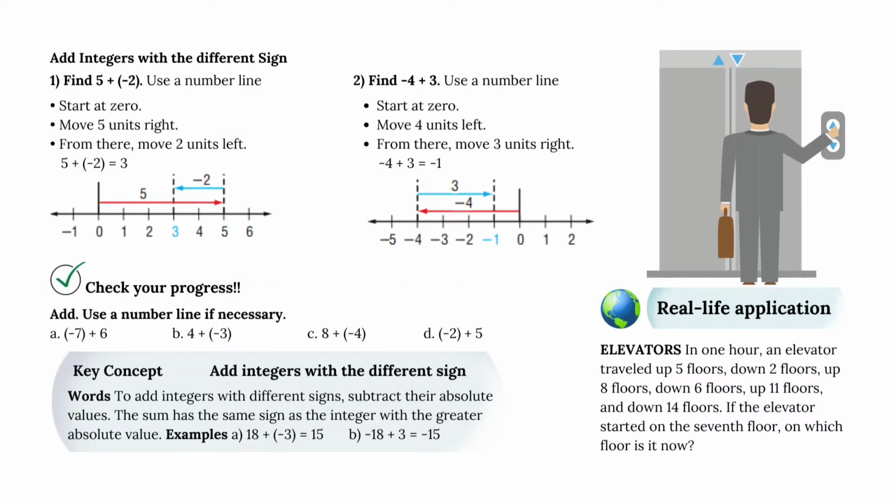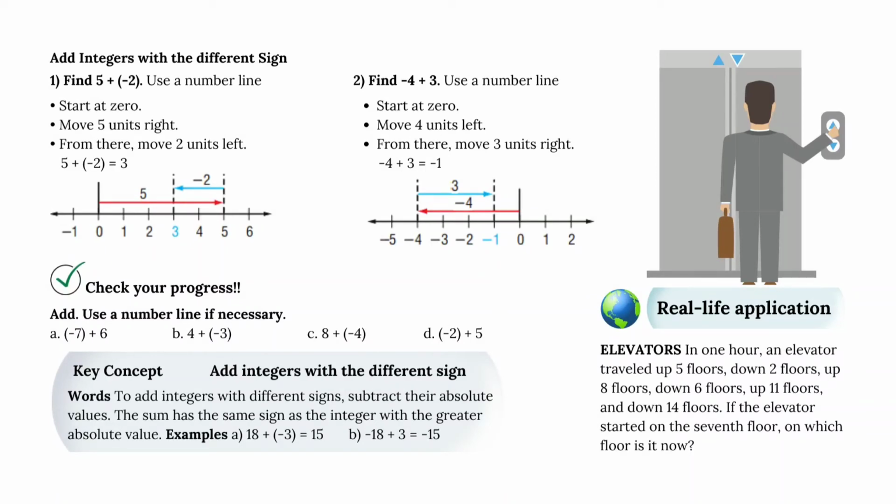From the above examples and by checking our progress, we observe that to add integers with different signs, we have to subtract their absolute values. The sum has the same sign as the integer with the greater absolute value. For example, 18 plus negative 3 is equal to 15.